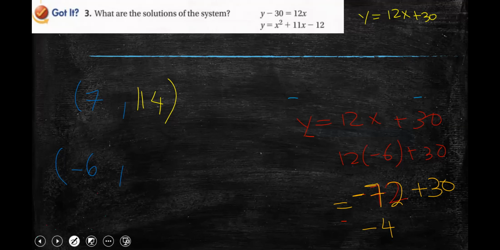So if x is 7, y is 114, and if x is -6, y is -42.